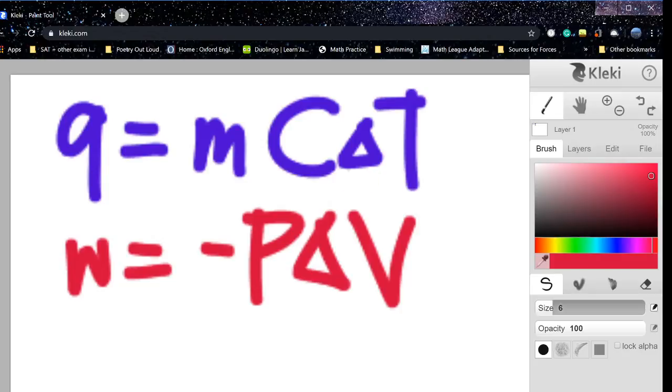And delta T is the temperature change. Whenever there's a delta in front of something, it means there's a change. So work is pressure and the change in volume.